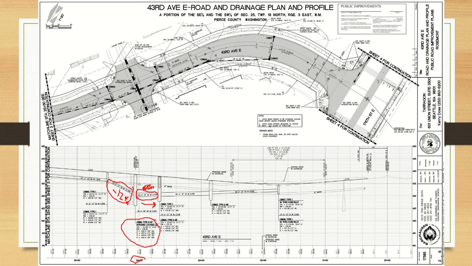The road is actually increasing the opposite way in this case. So this one would be a negative percentage, and this one would indeed be a positive percentage because the stationing is increasing heading that way.